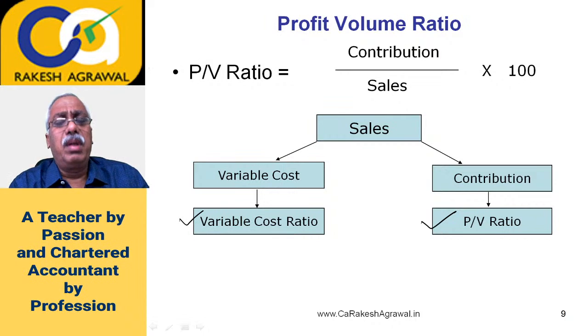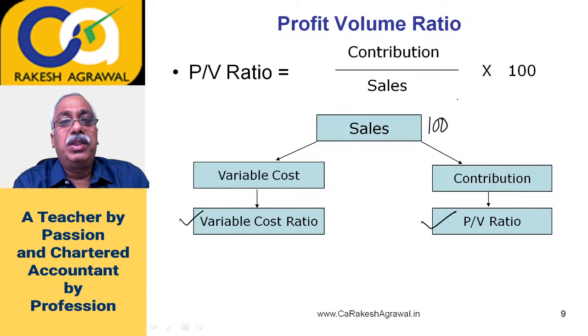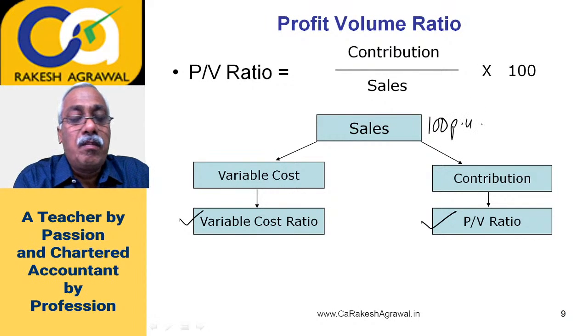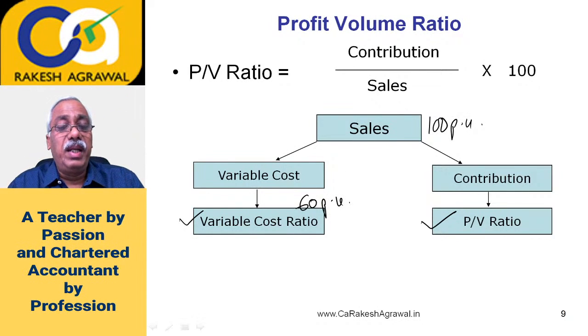Now you will say how it will remain constant. So let us assume that the sales price of 1 unit is 100 rupees, and variable cost is 60 rupees per unit. Now we have already seen that variable cost per unit remains constant.